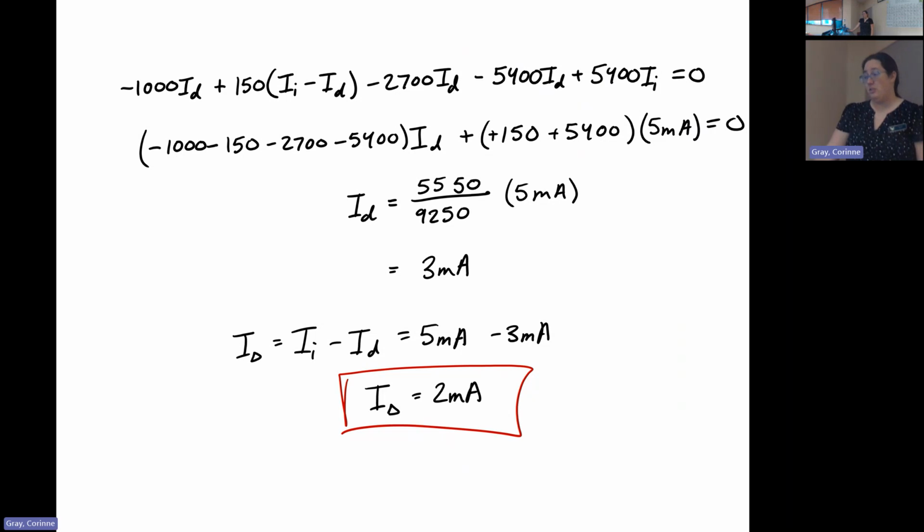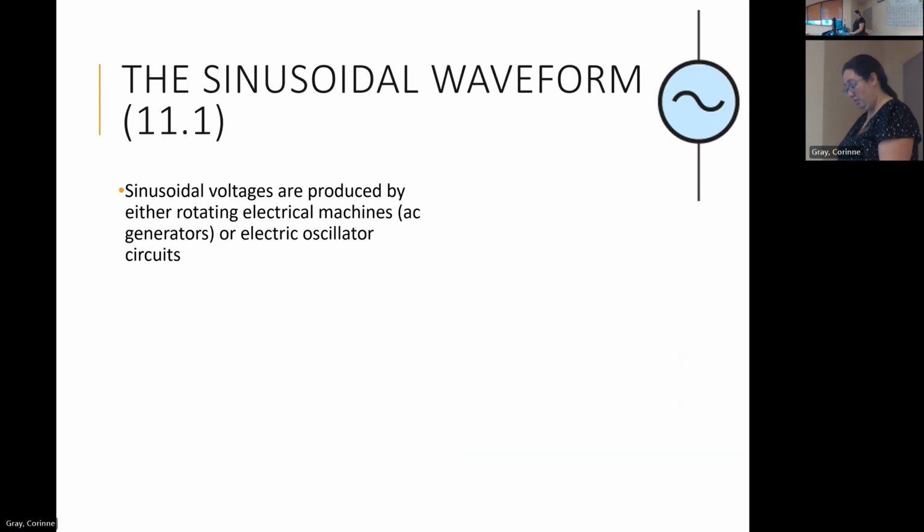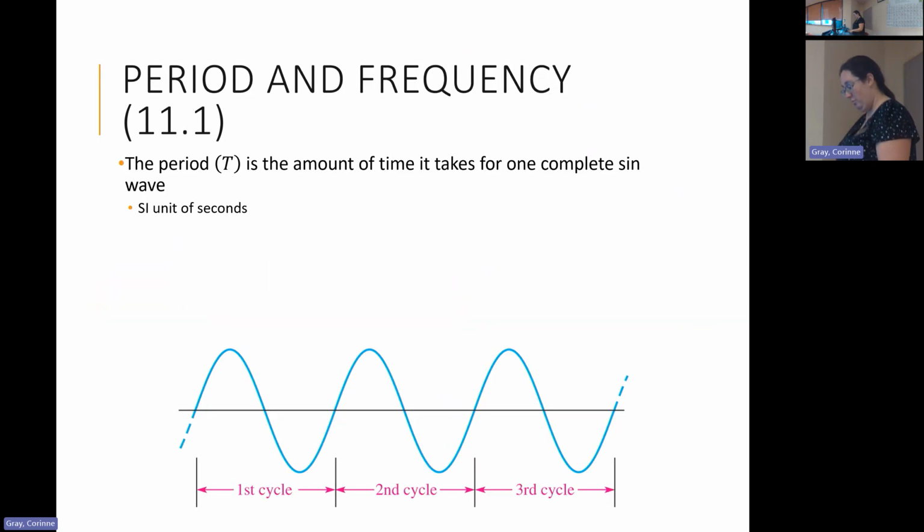Any other questions about 4.46 or dependent sources in general? So we will talk about AC next week, but we will not have it on exam 2. So yeah, we'll go through that real quick there.